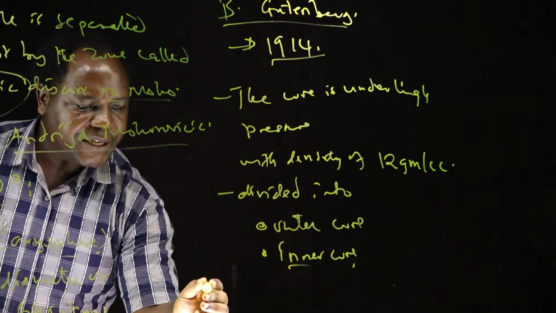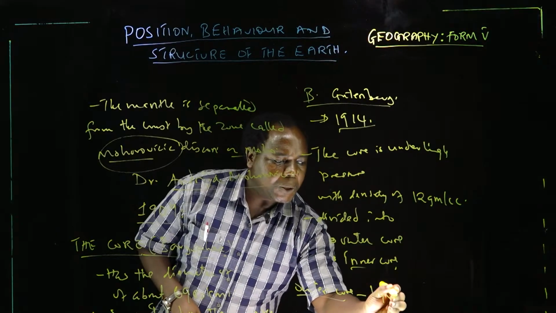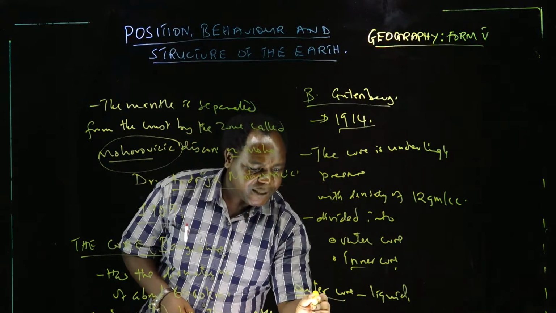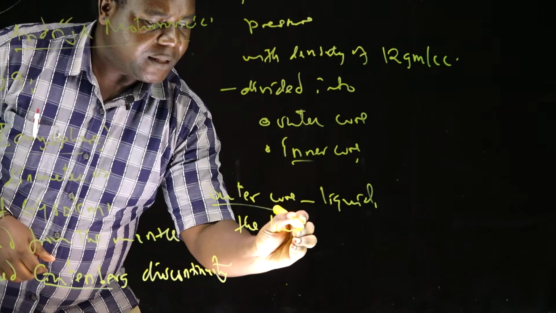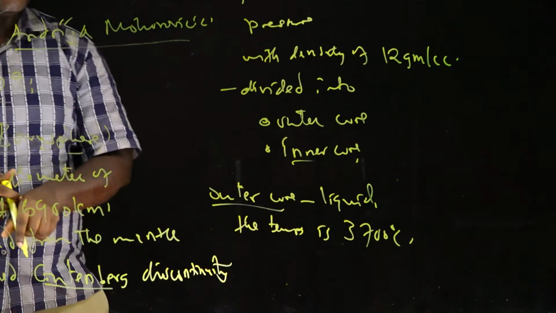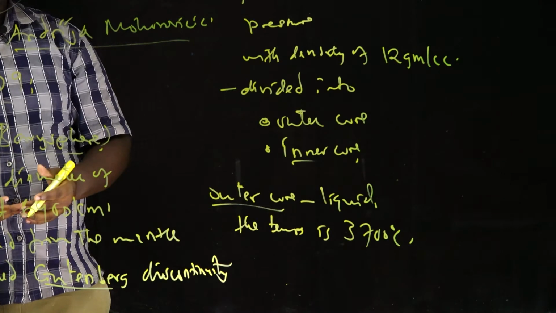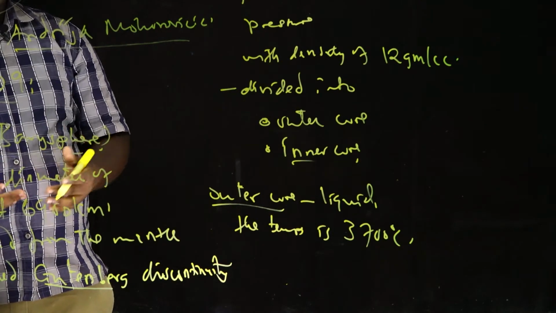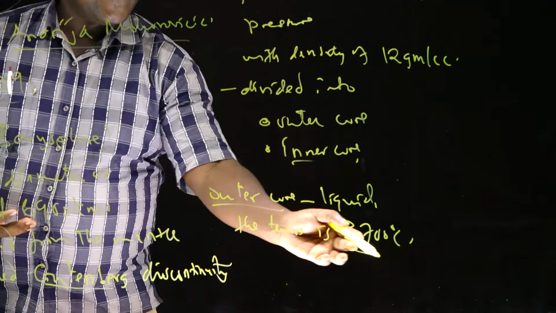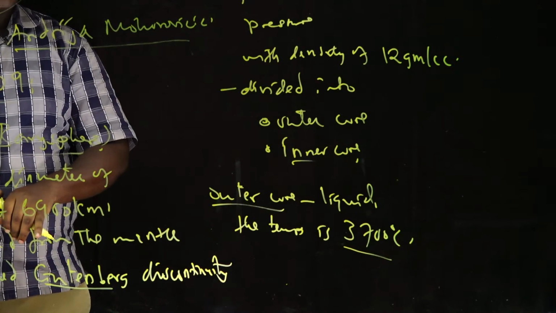The outer core is liquid in nature, and the temperature is about 3700 degrees centigrade. Imagine, for water to change its state from liquid to vapor, it requires 100 degrees centigrade. Now, how hot is 3700 degrees centigrade? Therefore, the core is very hot.